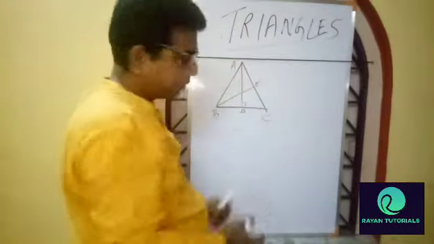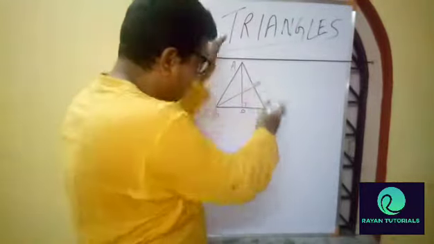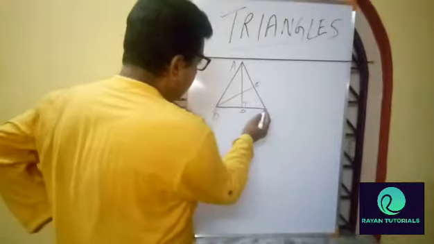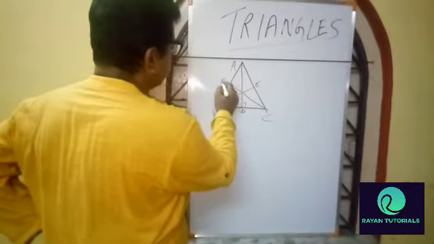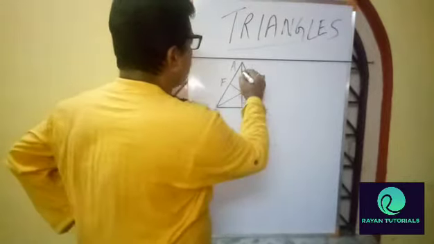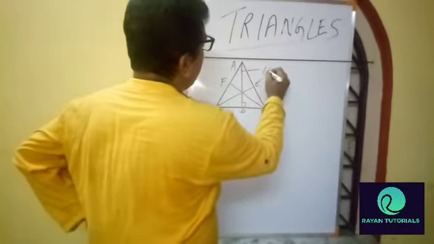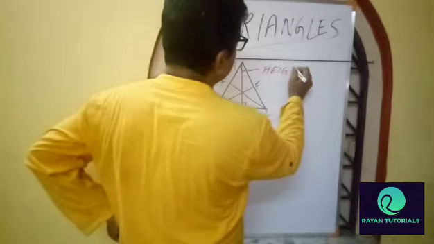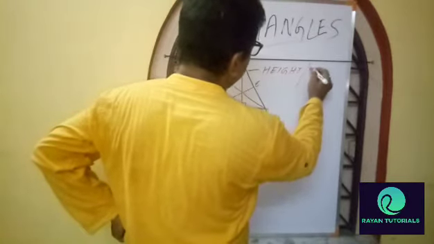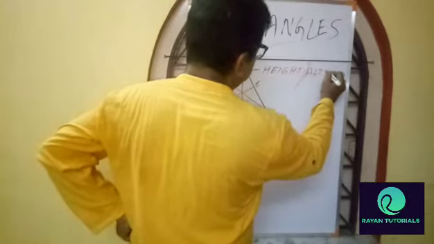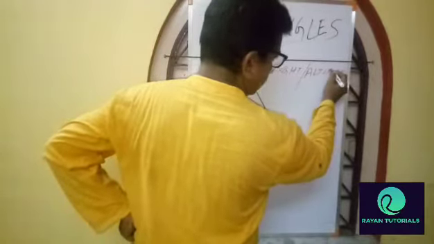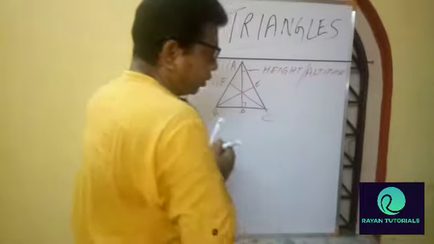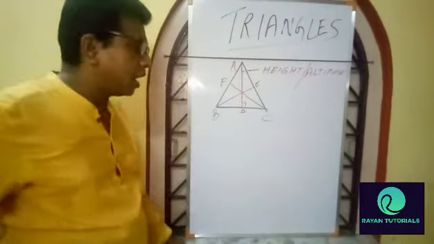Just rotate the previous diagram I showed you. Similarly, this one is also a height. These are called heights, or you can say altitude. Understood?